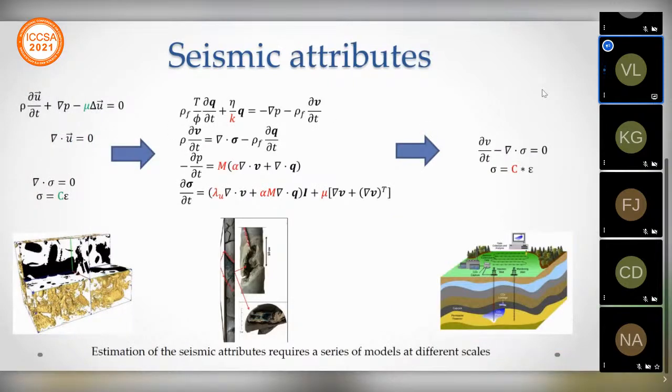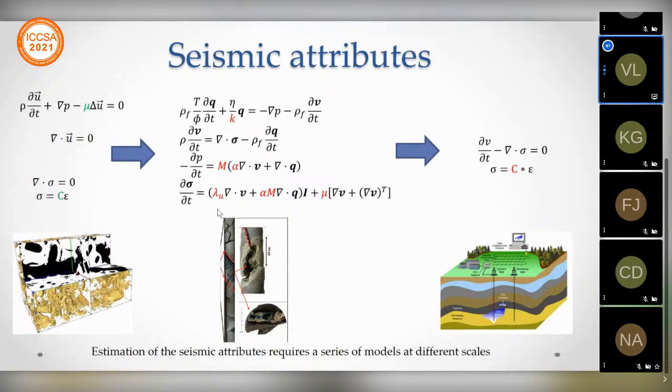And once again, if we're talking about upscaling of seismic attributes, we need to solve the static state elastic equations to obtain the elastic moduli at the mesoscale and/or at the macro scale.